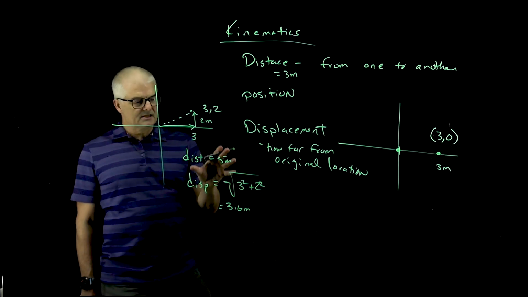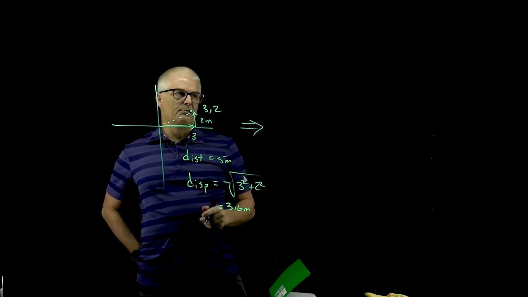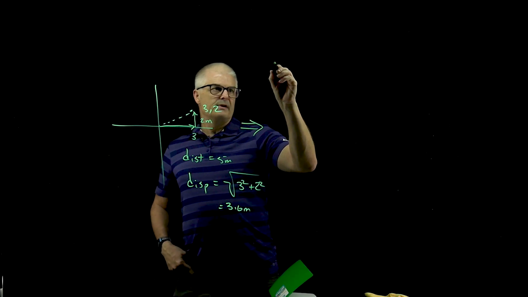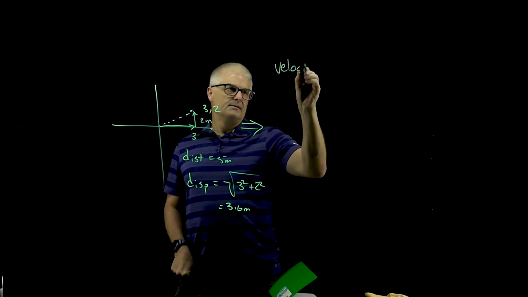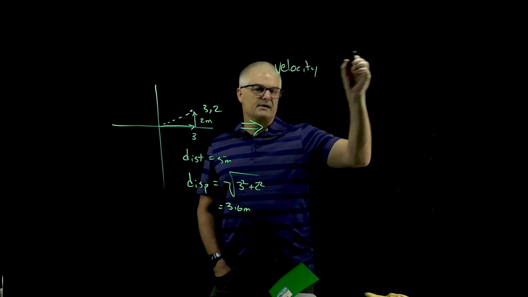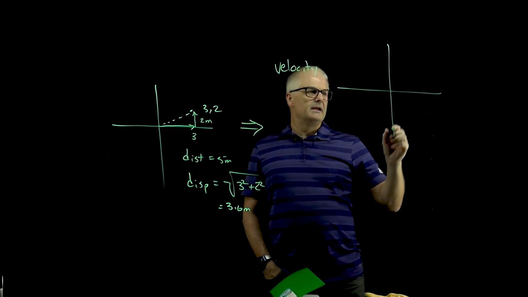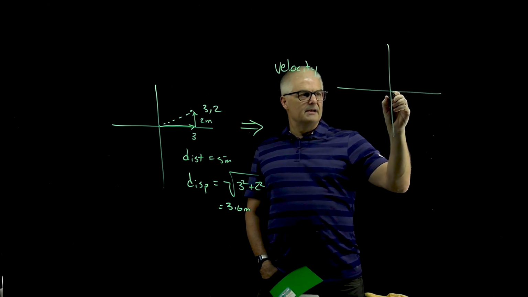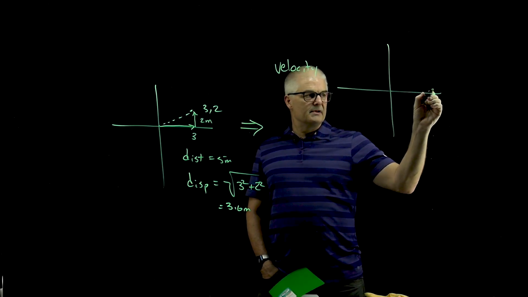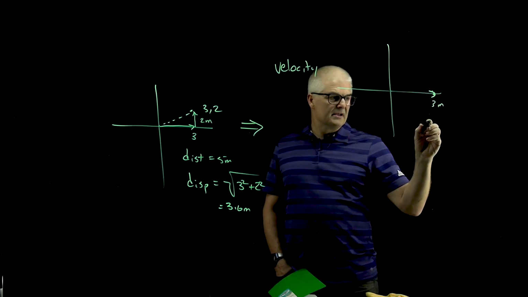And that's displacement. This leads us to another important term, and that term is velocity. Let's try another example, and I'll come back to this in a minute. I've got my coordinate plane, and somebody in a certain period of time goes from here to here. They go 3 meters, but it takes them, let's say, 2 seconds.